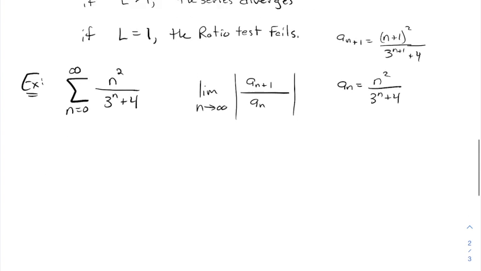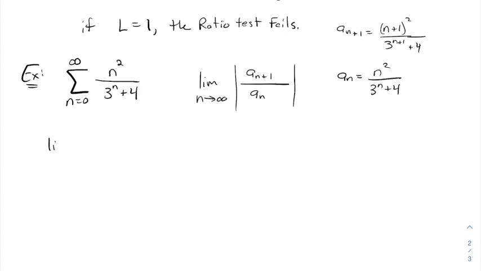All right, so the limit we're going to do is this. Limit as n goes to infinity of n plus 1 squared over 3 to the n plus 1 plus 4.